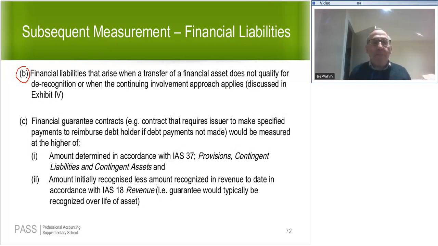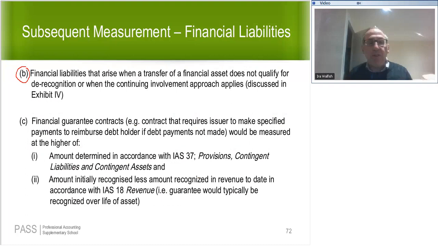So when I get paid $1 million, rather than debiting cash $1 million and crediting the receivable, I would debit cash, I'd leave the receivable on my balance sheet, and I would simply credit a liability. And again, you'll see this discussed in Exhibit 4. That's an example of a liability where we would not use amortized cost. For further information, please look at Exhibit 4.